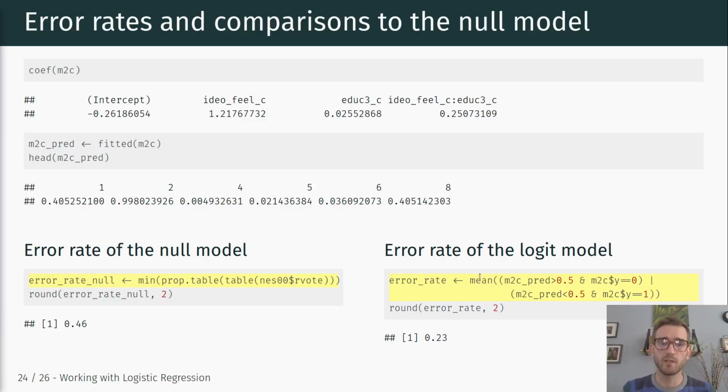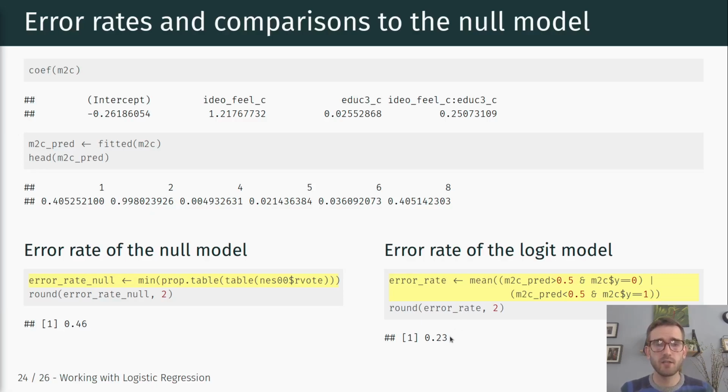Okay, and we can directly compute the error rate by computing the average of this logical statement, which is 0 if we don't have a prediction that is consistent with our actual observed value, and 1 if we do, right?